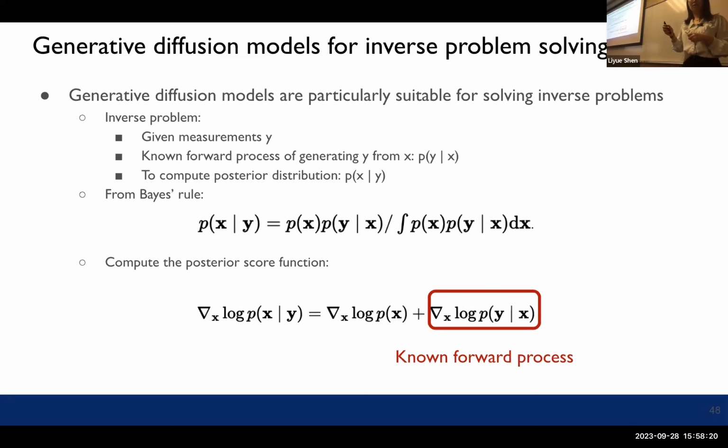And the second part is from our known forward process. With both of them, we can compute the posterior score function that helps us sample or reconstruct samples that are consistent with the measurements y.